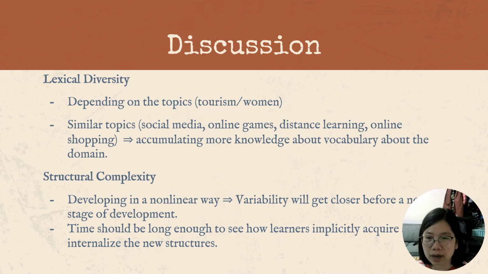That's why when they write about this topic, they seem to have more background knowledge and more vocabulary. And most of the participants are female. So when they write about women, they seem to have more background knowledge in this topic. That's why they can write more.